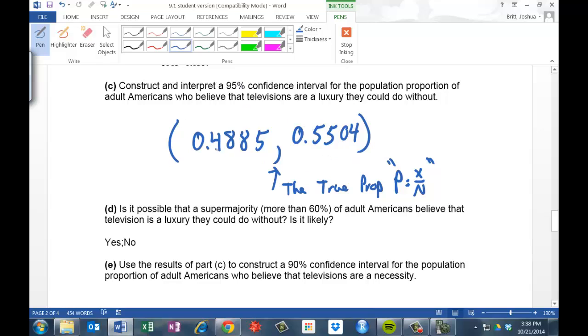The true proportion is somewhere in between here, which if you notice, this interval does not include 60%. So is it possible? Yes, it is possible, right? It's possible that would be true, but it's not likely. Okay, so is it likely? No, would not be likely.